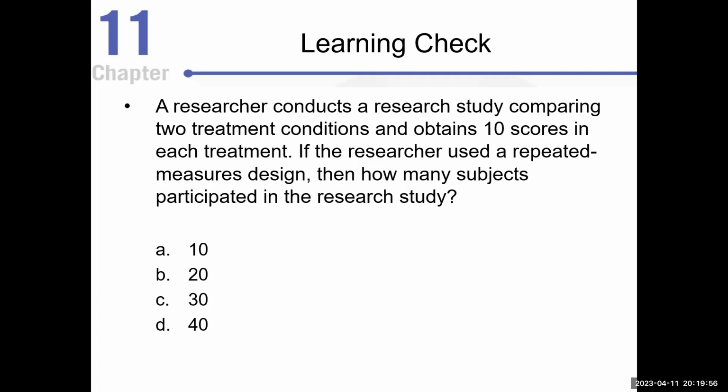Okay, if you think about this again, when you're looking at an independent measures design, if you have two treatment conditions, you're automatically going to know that you have 20 participants because you have to have 10 individual participants in one treatment condition and 10 in the other. However, with a repeated measures design, you're only using 10, and then the 10 will be used in one treatment condition, and then you'll give them a break and use them in the other treatment condition. So the answer for this one is 10.